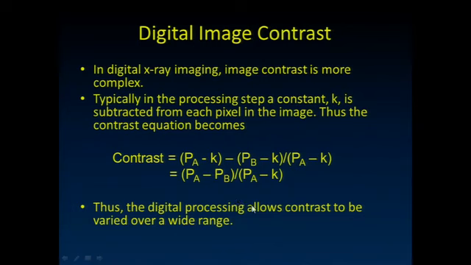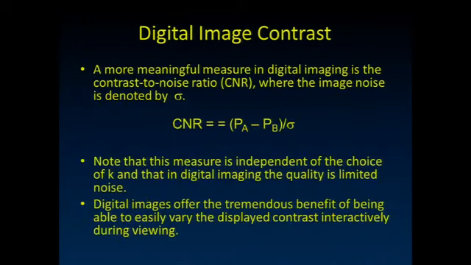Digital imaging, by adjusting that K factor, you can really work over an extremely wide range of contrast with digital images that was basically impossible to do with screen film imaging. So we don't really use the idea of contrast as much when we talk about digital imaging, because digital imaging is not contrast limited.